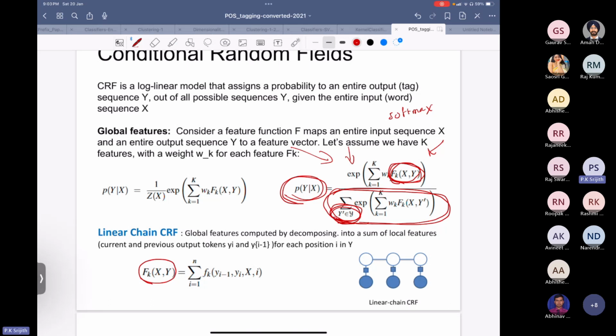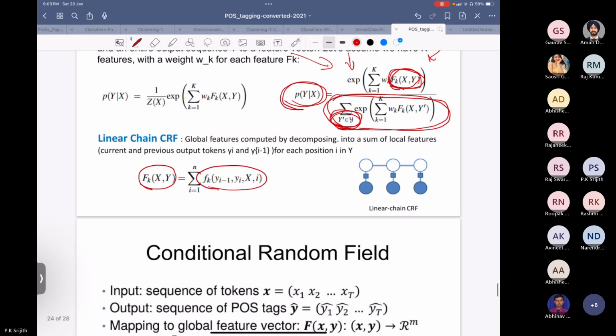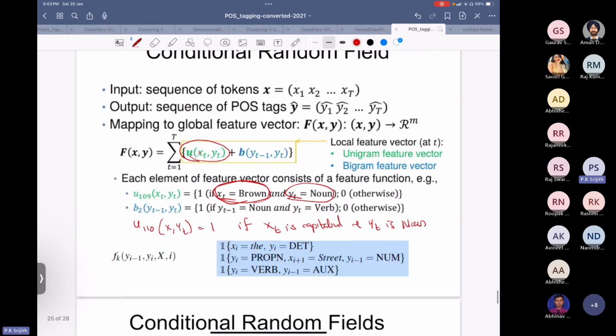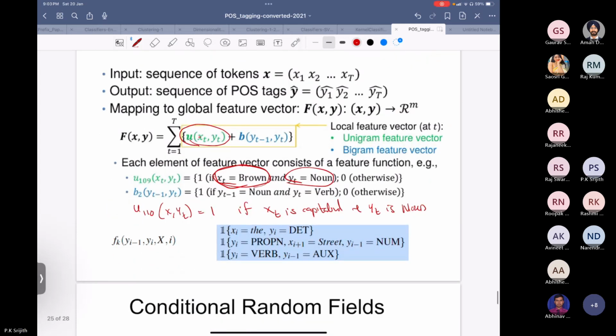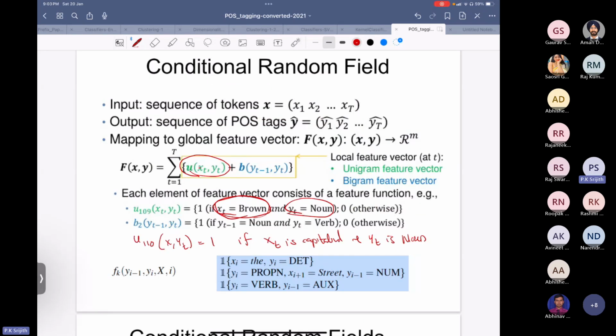And to do that, it maintains features of this nature. The features it considers will have a form like this: b of yt minus 1, yt. It considers only pairs of labels, features extracted out of pairs of labels, and something of this nature, xt, yt.